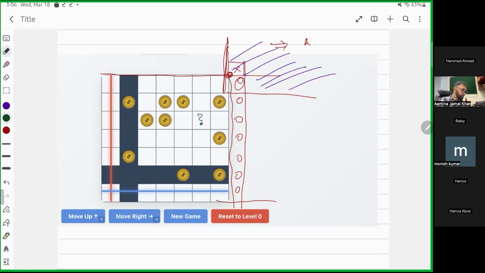If I'm at this point, what I want to know is what is the solution for A and what is the solution for B. Okay, whatever is the solution for A, I'm going to add 1 to it if there were any coins in this area. ये वाला जो area बनता है ना, this row from this point onwards. Okay, अगर यहाँ पे कोई coin होता तो I would add 1 to the solution of A. यहाँ पे कोई coin नहीं है तो I'm just going to pick A, or solution of A to be precise. Okay, this would be one of the possibilities.